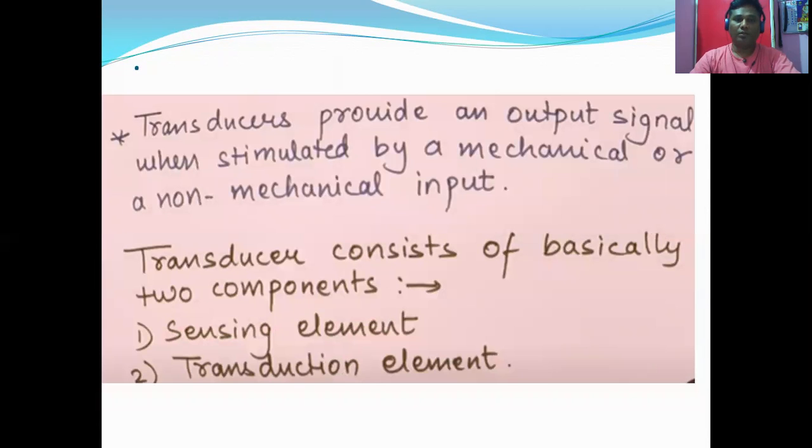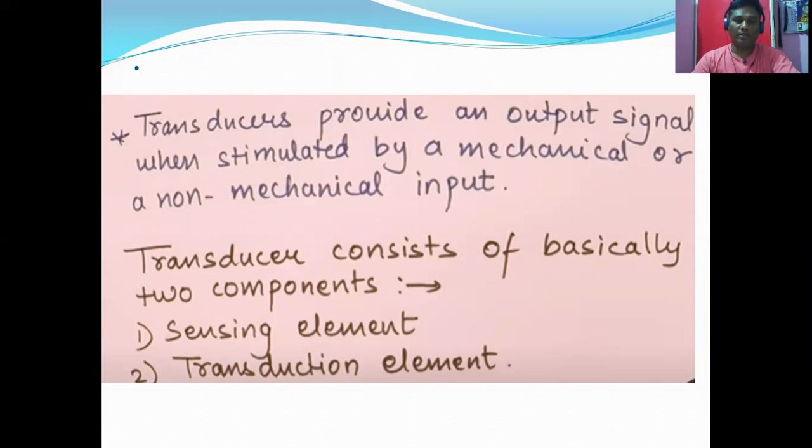The transistor provides an output signal when stimulated by a mechanical or non-mechanical input. So the physical quantity of the input, whether it is mechanical or non-mechanical, is the quantity.